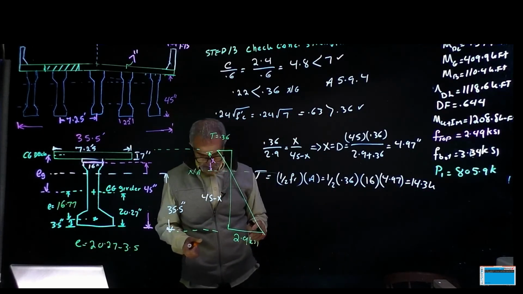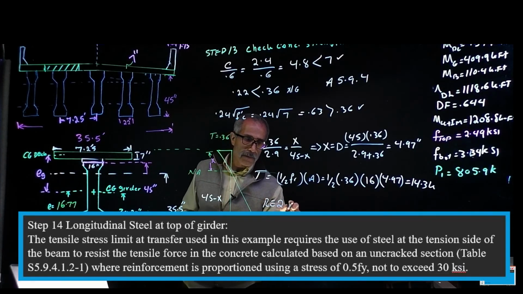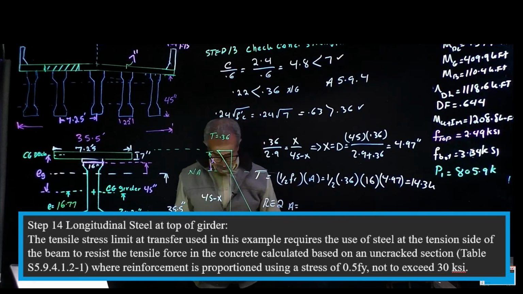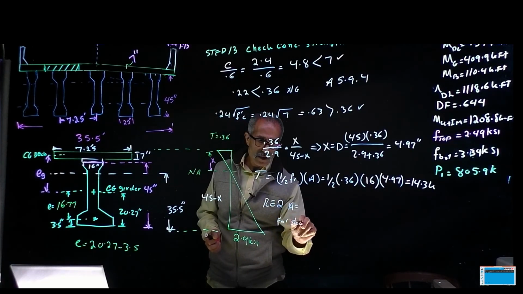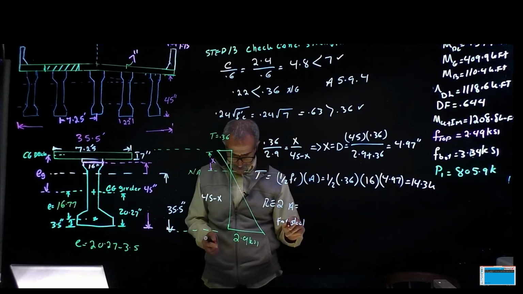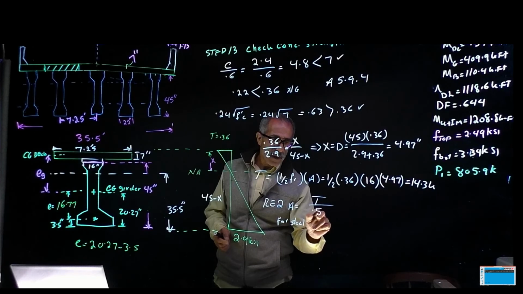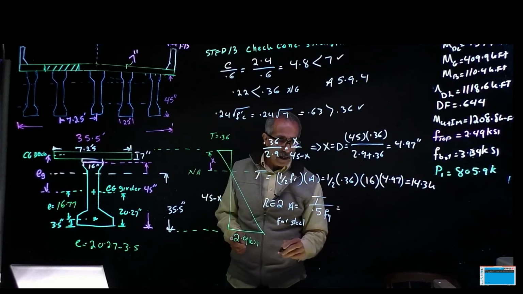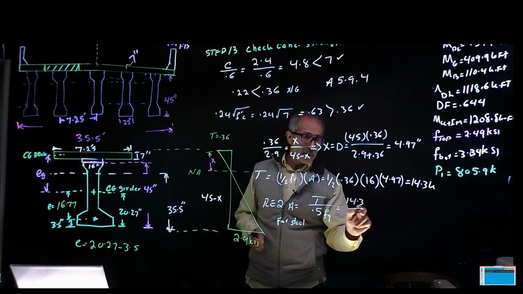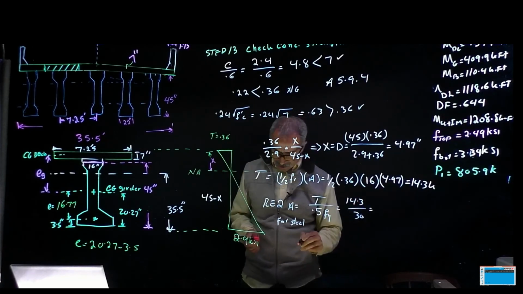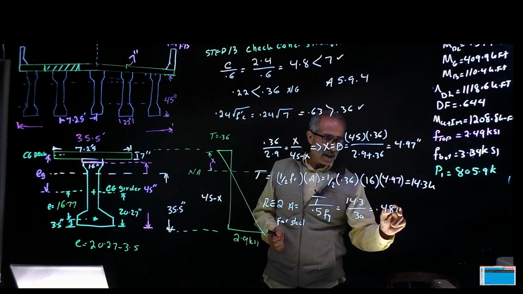Okay, so the required area for steel, because we need tension here, comes out to be T divided by 0.5 f_y, and it said not more than 30. So we got 14.3 divided by 30, and that's going to become 0.48 inch square.